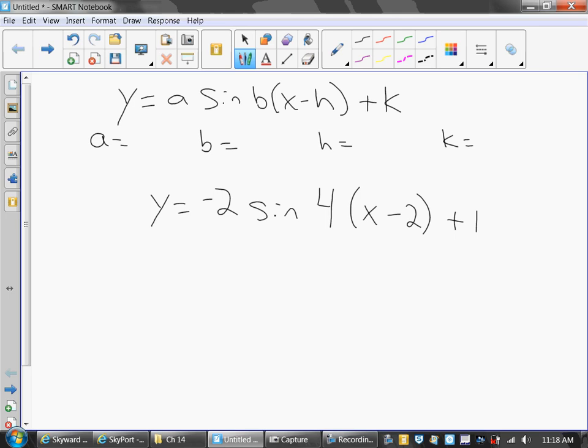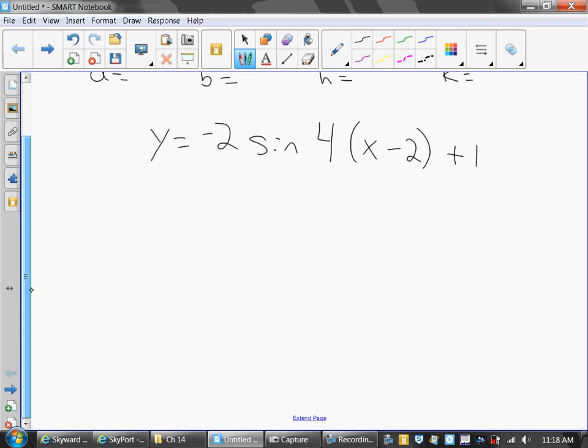The first thing we're going to do is list out everything that we can. Our A is negative 2. Our B is 4. Our H is 2. Good, you remember the sign change. And K is 1. So I know that every single one of these points is going to have to shift to the right 2 and go up 1. That's going to be what I'm going to be tacking onto my ordered pair sets.